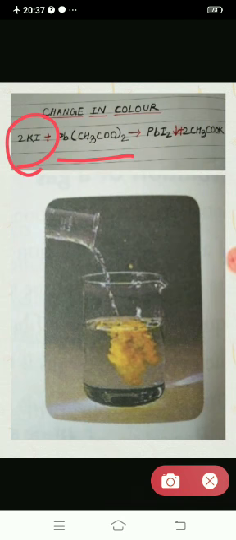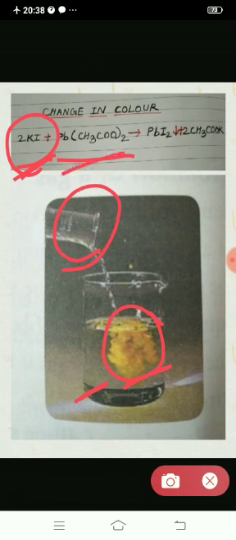As you can see, in the test tube we have lead acetate, which is colorless, and in this beaker potassium iodide, which is also colorless. When both are mixed, we get a yellow color. When potassium iodide reacts with lead acetate, it brings a change in color.